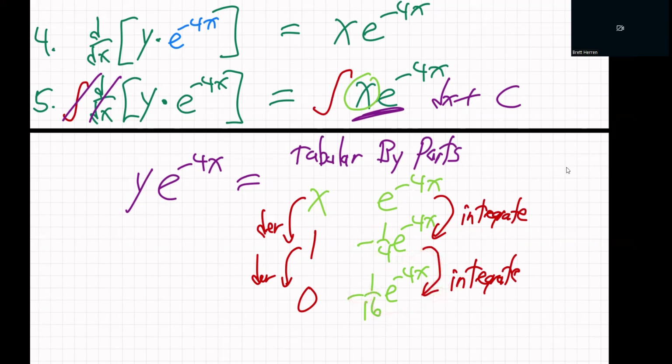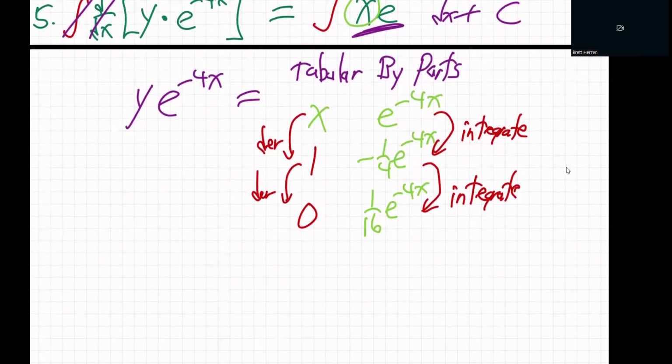Oh, wait. Is that supposed to be plus? I'm checking it. Yeah, that's supposed to be plus, isn't it? Okay, there we go. See how I always check it to make sure it'll really go back with the derivative. Now it will, because that minus 4 will pop out, and minus 4 over 16 is minus 1/4. It'll go back.